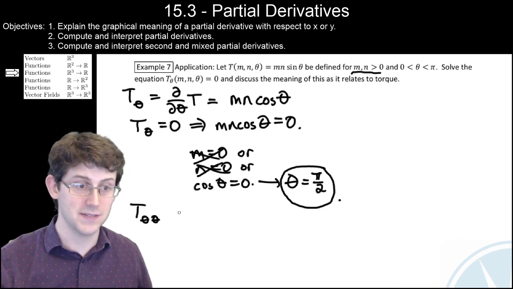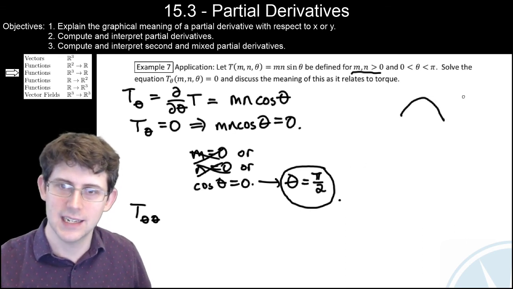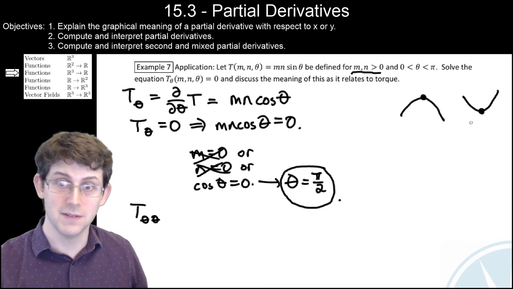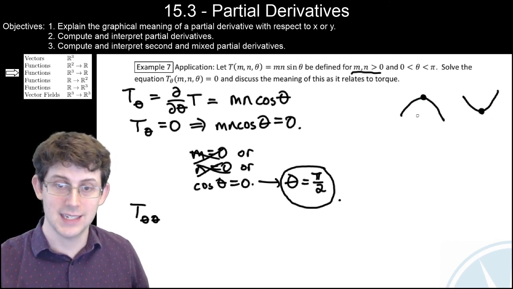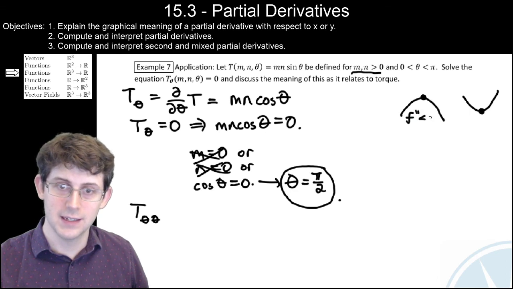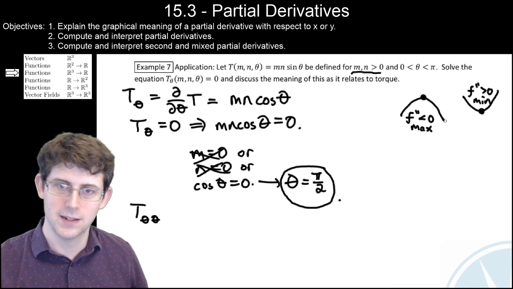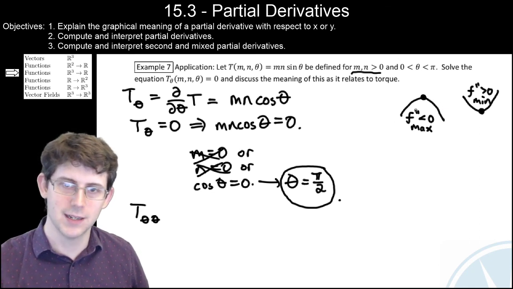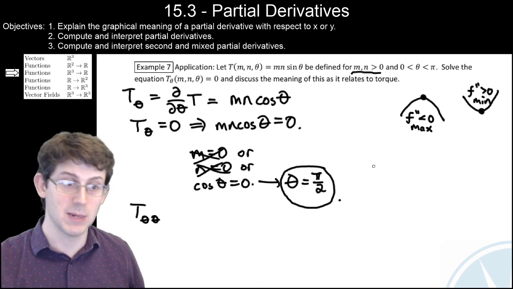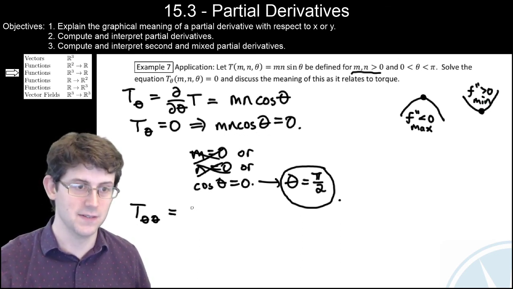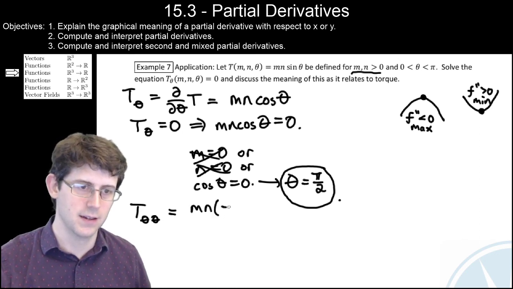This was called the second derivative test. The second derivative test is the idea that if you have points that have a first derivative equal to 0, and the second derivative is negative, then this is a maximum. And if the second derivative is positive, then this is a minimum. A concave down flat point is a maximum, and a concave up flat point is a minimum. So here we can find t theta theta, which is another theta derivative of mn cosine theta. We get this.